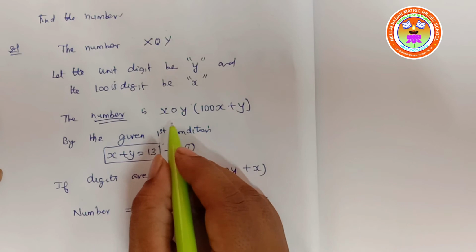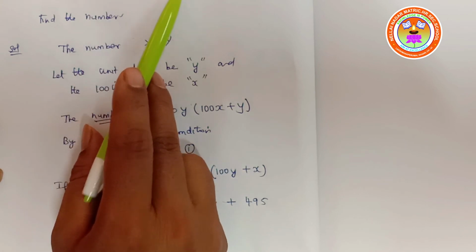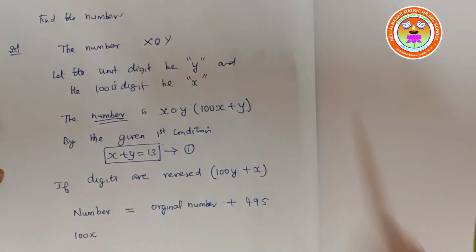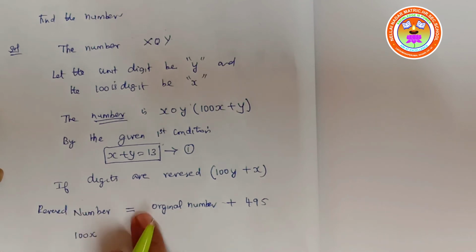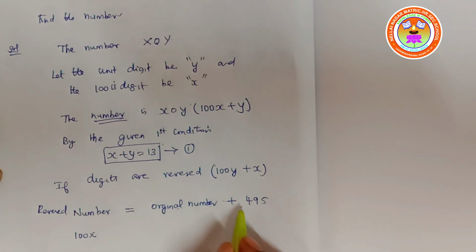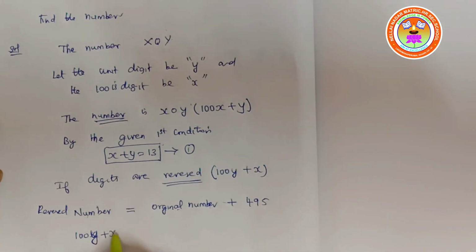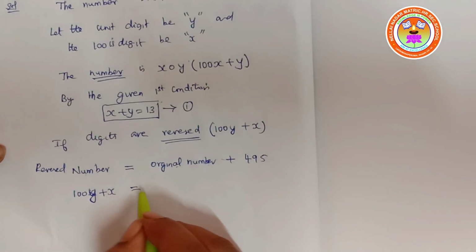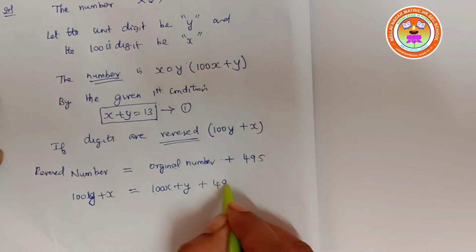The reversed number is 100y plus x, equal to the original number 100x plus y, plus 495.